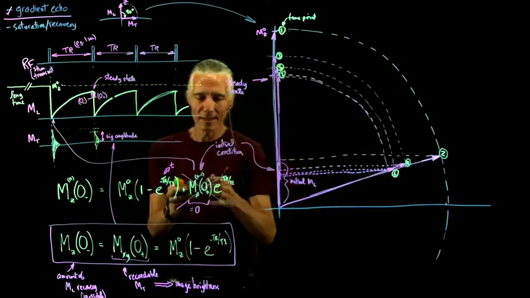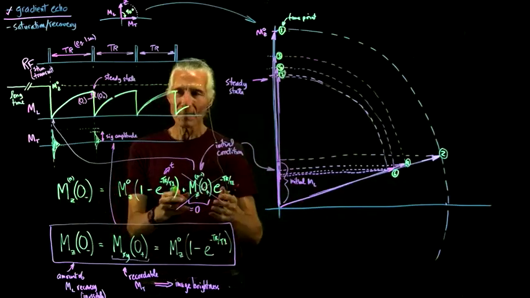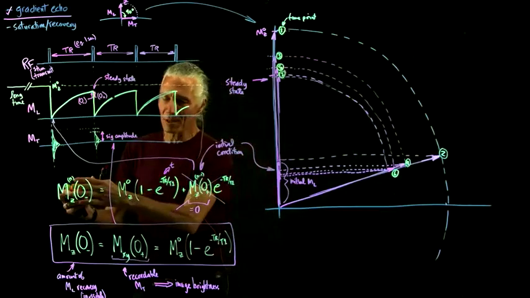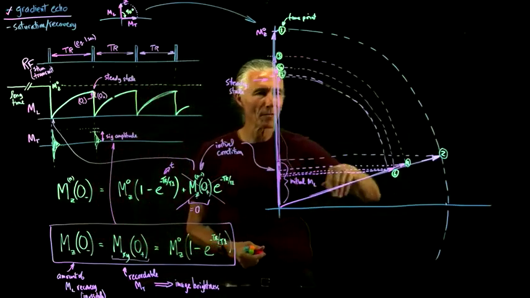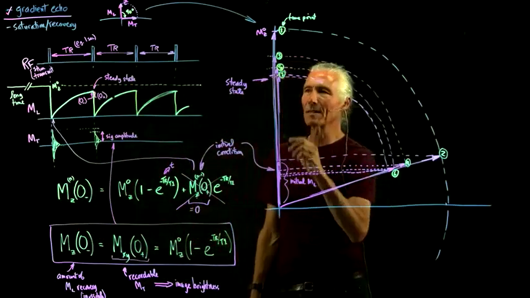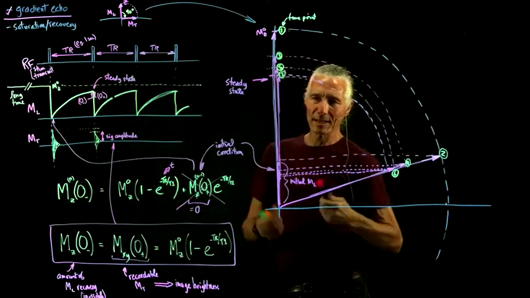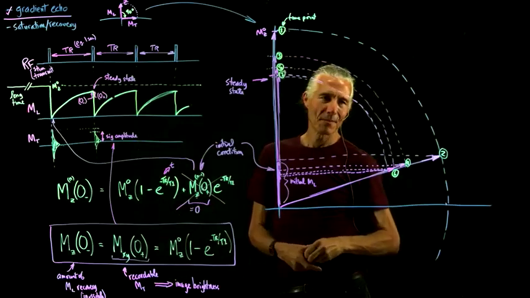So you would stick in the real initial condition, calculate what the MZ0 was, and then get a new initial condition, stick that one back in here, calculate a new MZ0, and just do that over and over again. And then if you did that, you could see that you'll eventually get to a steady state. But it will take 10 seconds to get there.